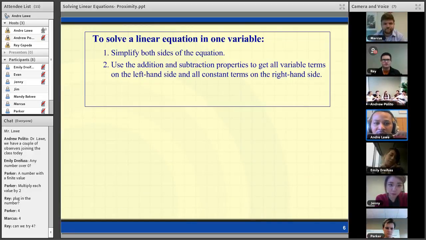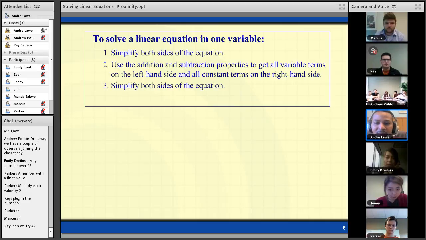So just to review the steps, to solve a linear equation in one variable, we want to simplify both sides of the equation. We use the addition and subtraction properties to get all variable terms. Simply put, get the variable by itself on the left-hand side and all the constant terms on the right side.